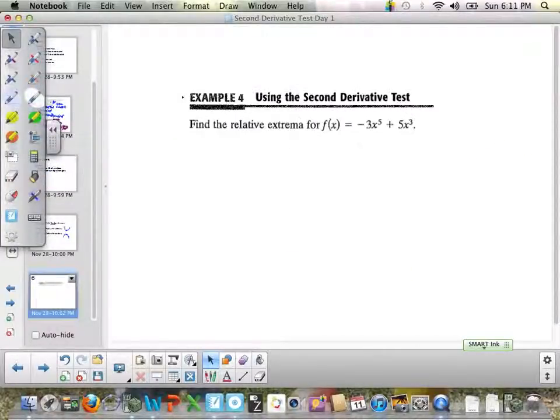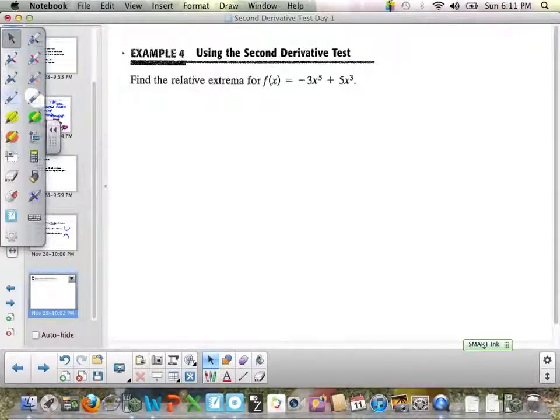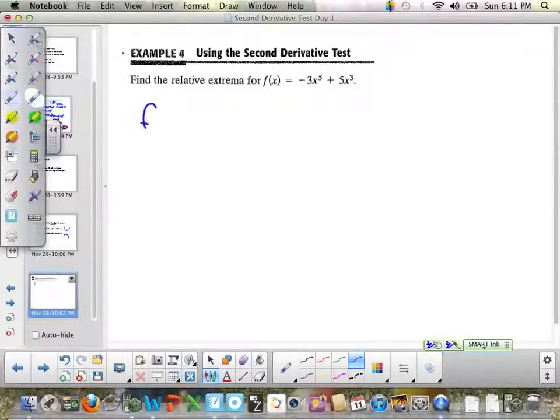Let's use the second derivative test to find the max or min for f given here. Well, we will start by finding our critical numbers, where the first derivative is equal to 0. We will find the first derivative, which is negative 15x to the 4th plus 15x squared.